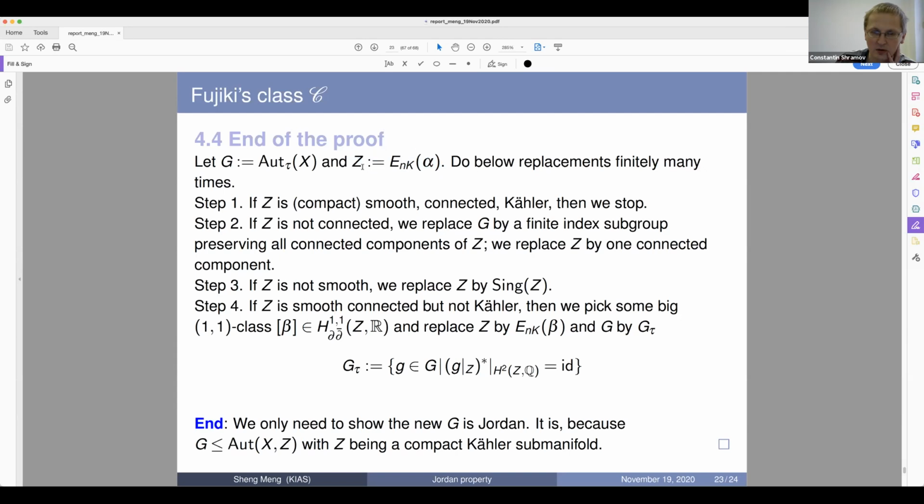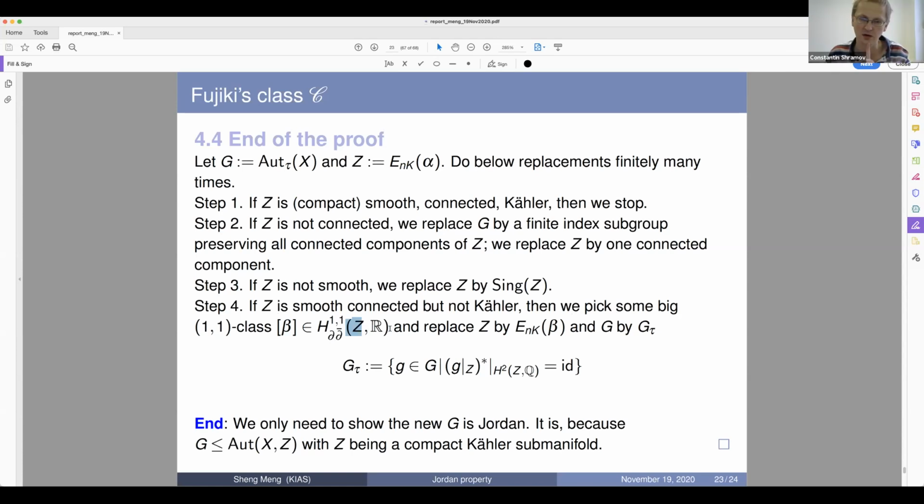Then if Z is not Kähler, we take the non-Kähler locus of the big class beta in Z. So it is a subvariety of Z, so again a subvariety of X. Okay, so here we use that a non-Kähler locus of a big (1,1) class is always a proper subvariety, right? It cannot coincide with the whole Z. This big (1,1) class is for Z, not for X.